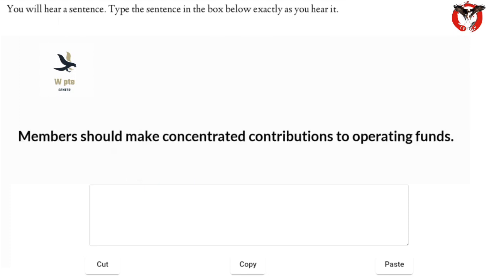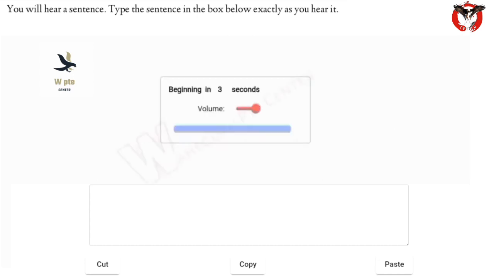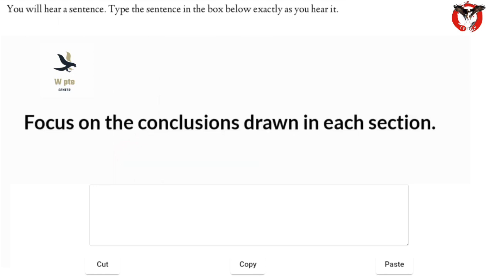Members should make concentrated contributions to operating funds. Focus on the conclusions drawn in each section. Focus on the conclusions drawn in each section.